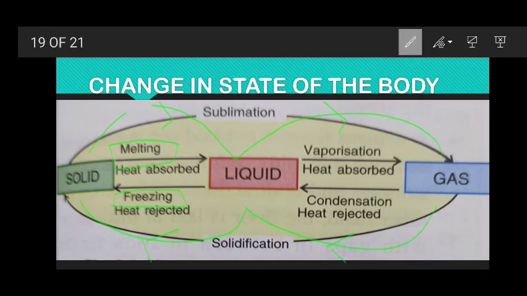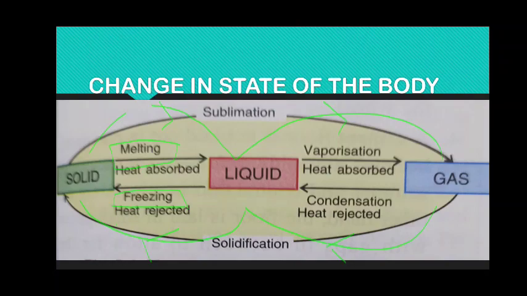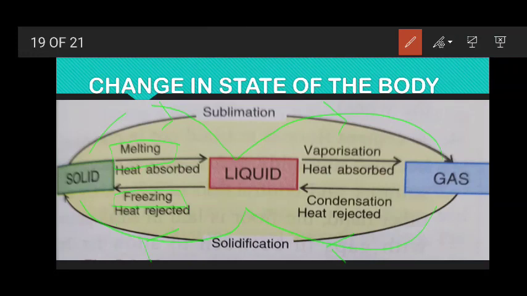Now when a solid on heating changes directly into vapor at a fixed temperature, the process is called sublimation. Clear? And similarly, the change directly from vapor to solid at a fixed temperature is called deposition. We can say that sublimation and deposition are opposite to each other. Clear? The change of state from liquid to gas at all temperatures is called evaporation.